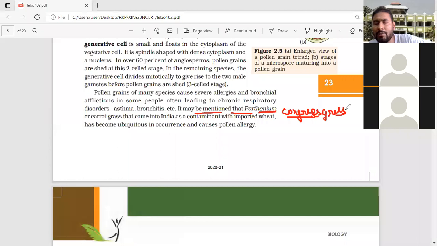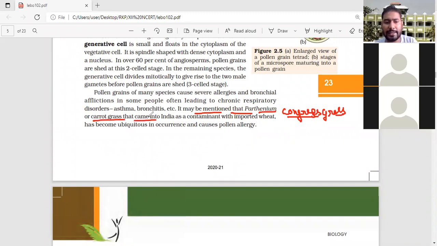It has too much ability to occupy maximum space, so the growing capacity is high. So Parthenium or Congress grass, or another name, carrot grass. Three names: Parthenium, Congress grass, or carrot grass.